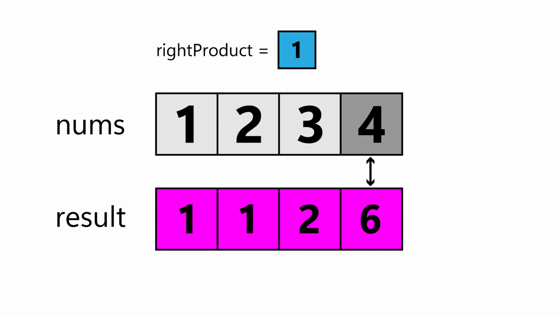For each element, we will multiply the product we obtained so far from the right side, with the result present in the current index of result array. After that, we will update the right product variable to include the current number.